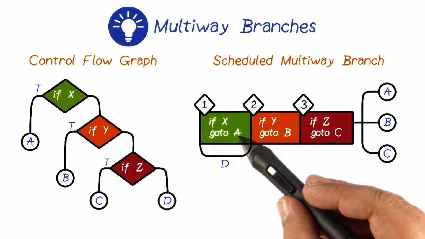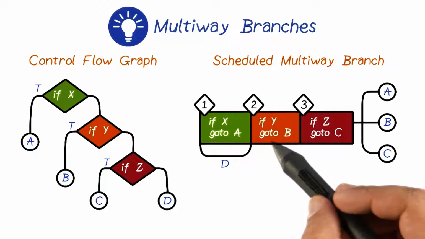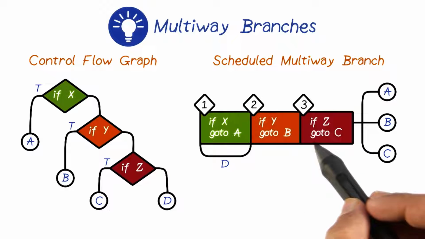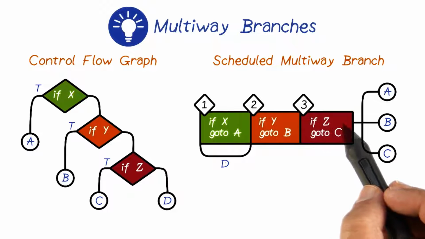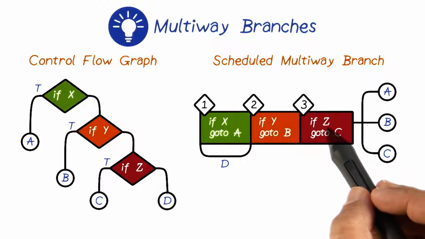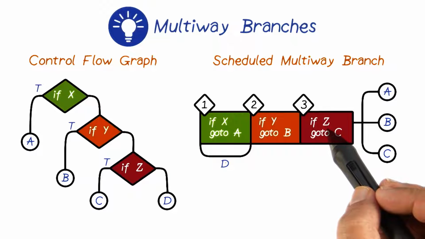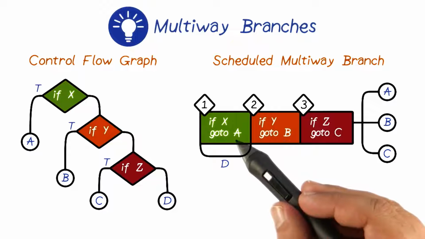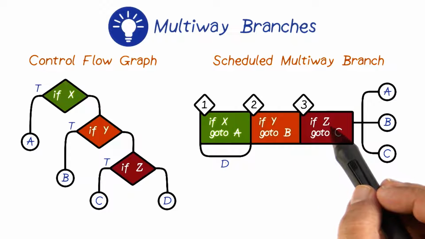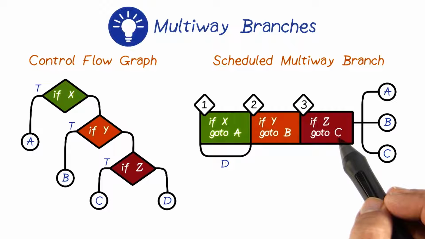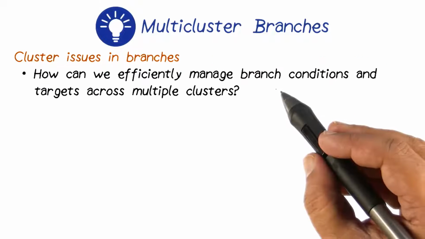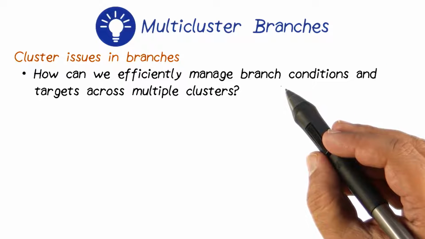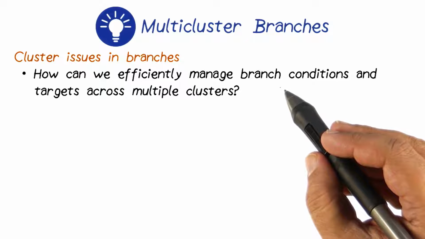If, however, the first one is false and the second one is true, then the destination becomes B, and the outcome of the third branch is nullified or turned off because the predicate is decided by the second one, which is set to false for the third branch. And then finally, if both first and second are false, the third branch will commit and will go to destination C. So multi-way branches are very complex, as you can see, because those predicates and their destination targets and other things have to be carefully managed for sequential semantics.